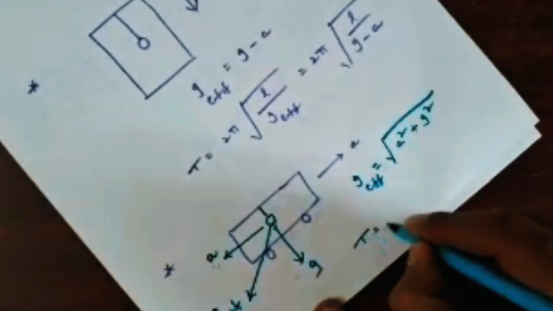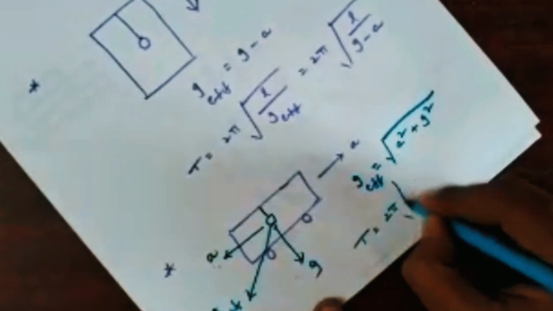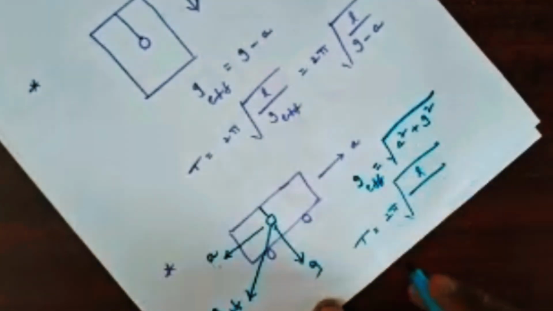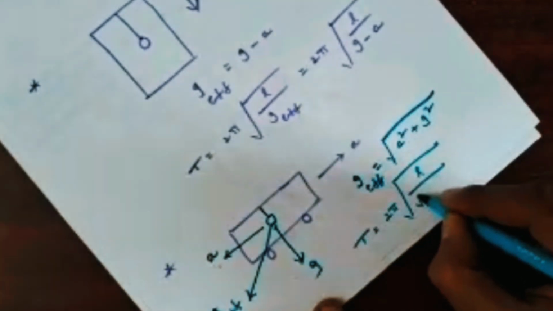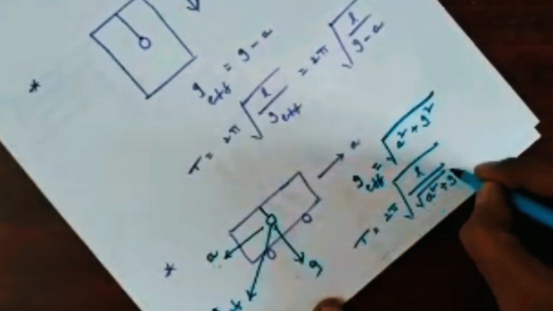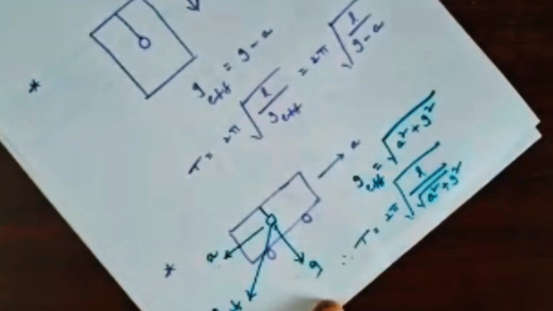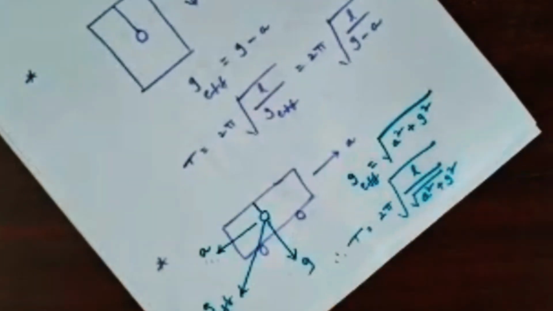Now what about the time period? T is equal to 2 pi root over L by g effective, and g effective is again root over a square plus g square.